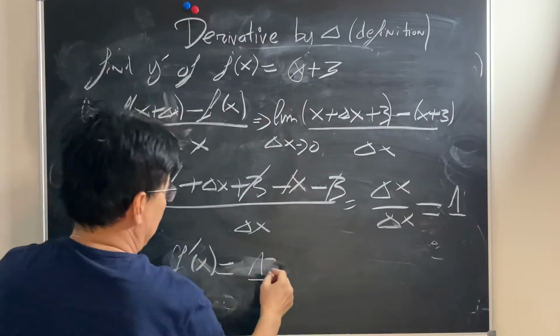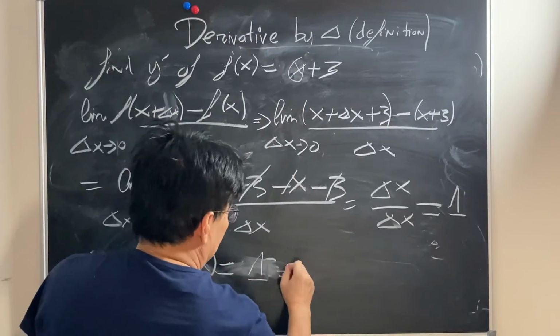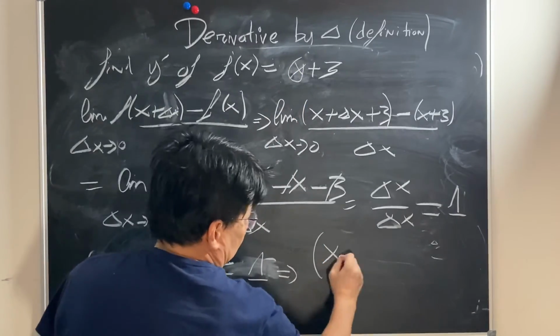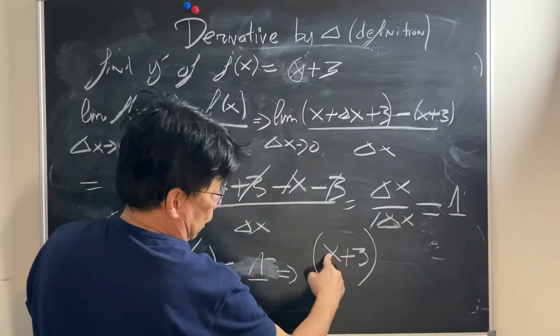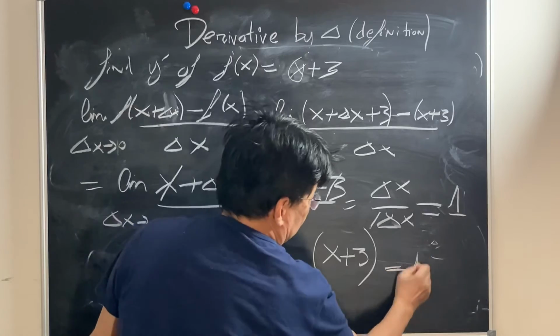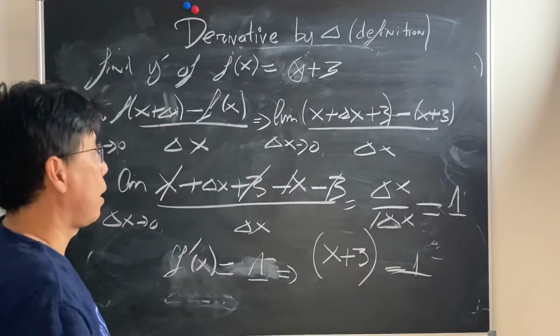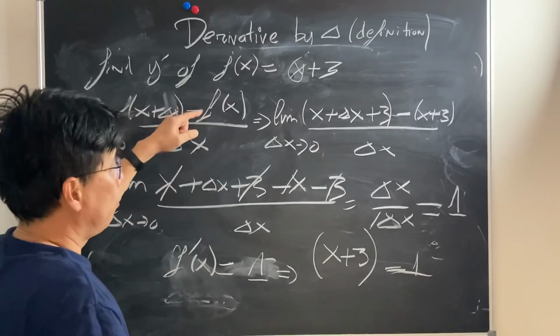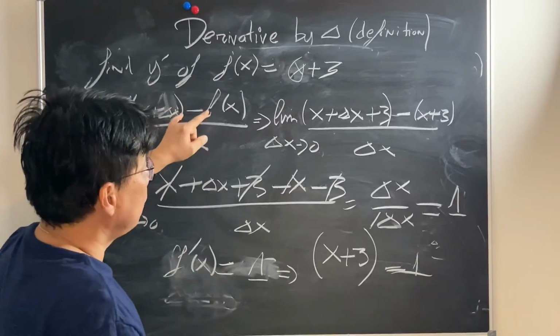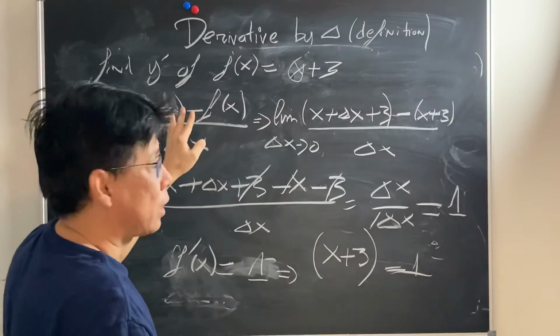Okay, so the derivative of that, you can write it like this, using a prime right here: s plus 3 prime equals 1. Okay, we can stop here. It's pretty easy. For the more complicated problems, we will do them in the exercise next time.